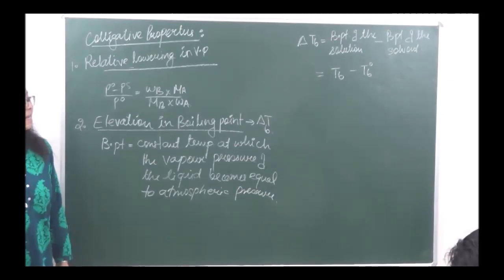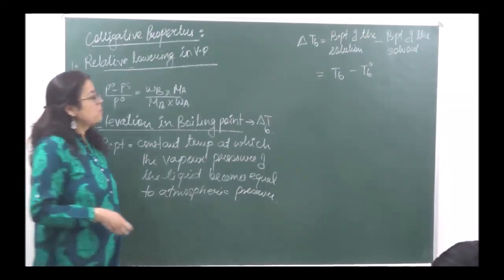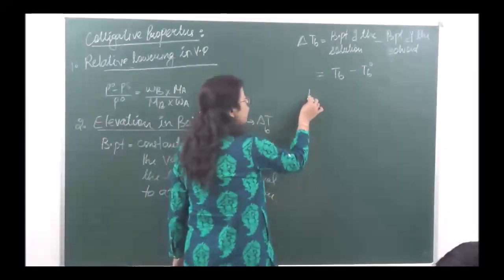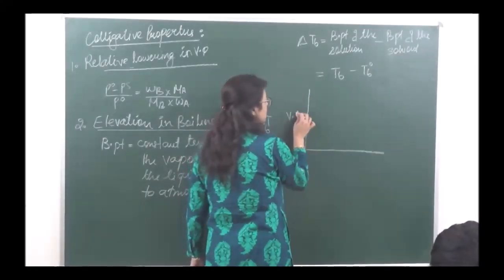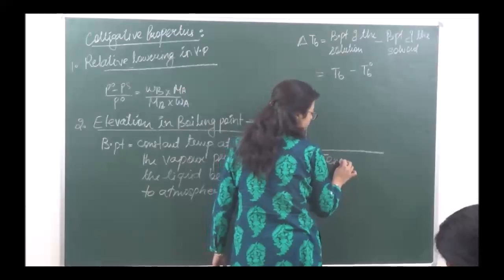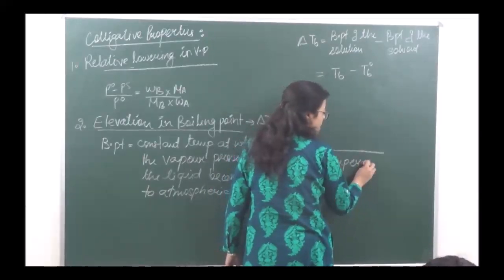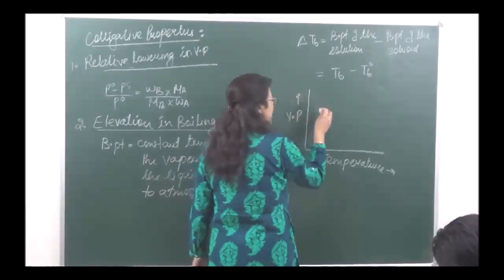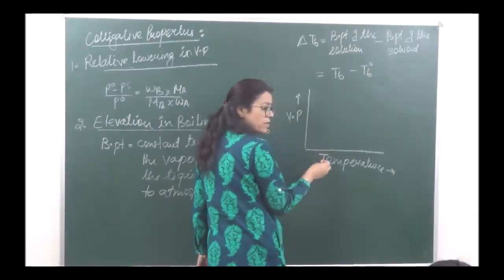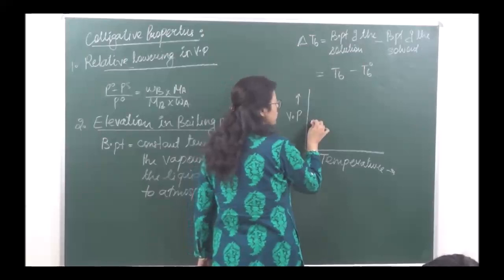Right? Graphically, if we are explaining this, let's draw a graph between vapor pressure and temperature. You know that as the temperature increases, the vapor pressure is going to increase.